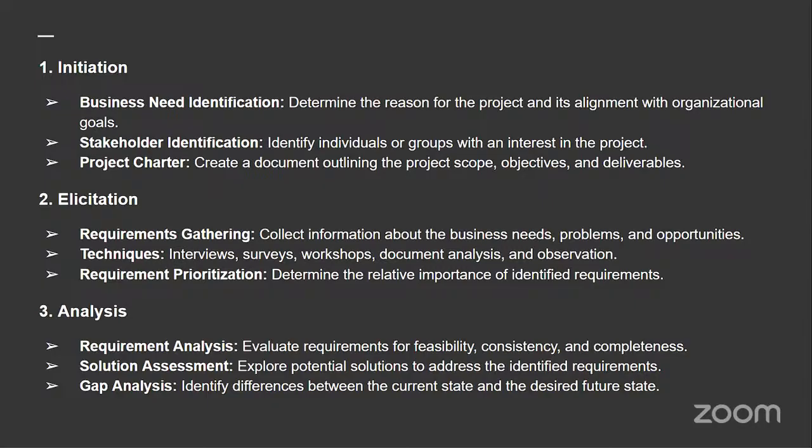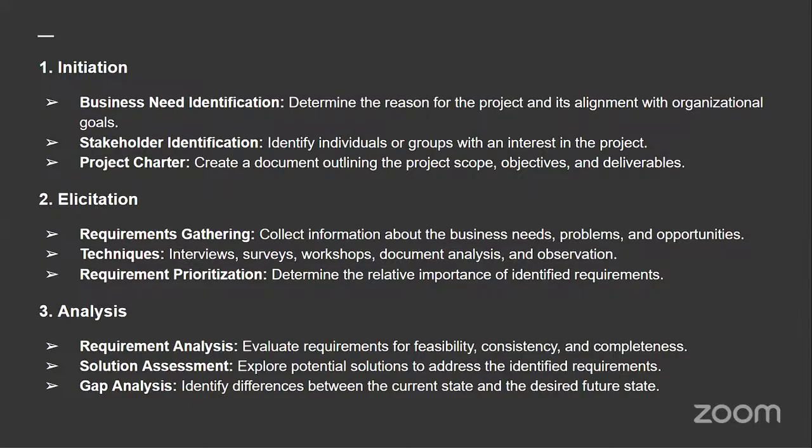Also, we have analysis. Under this analysis, you have requirement analysis, solution assessment, and gap analysis. Requirement analysis simply means evaluation of the requirements that you have for feasibility, consistency, and completeness.